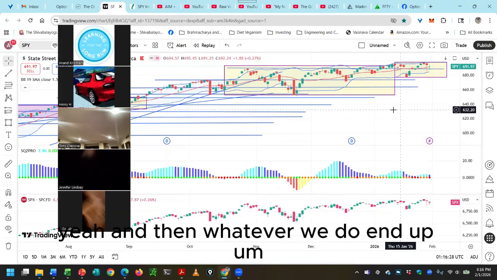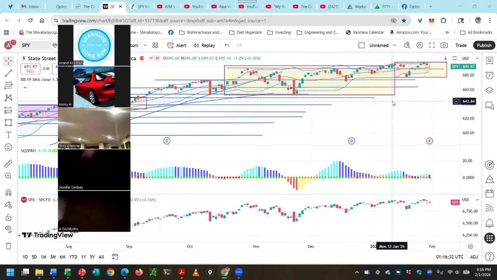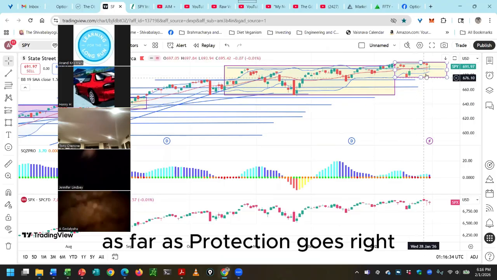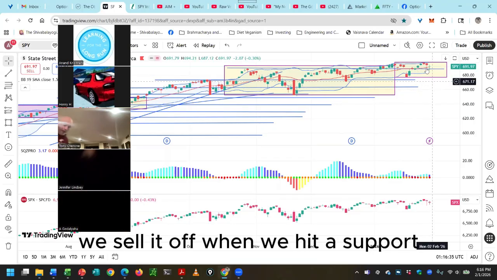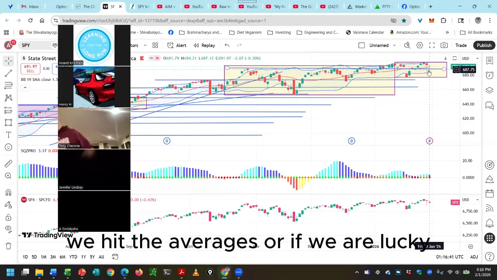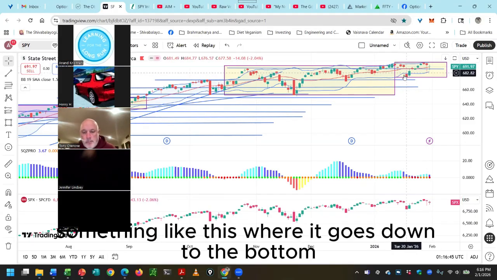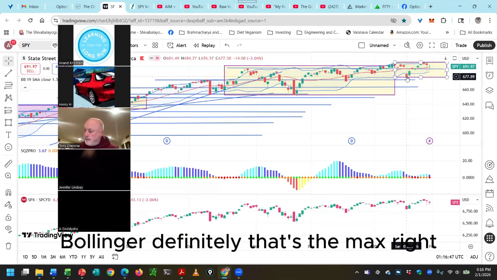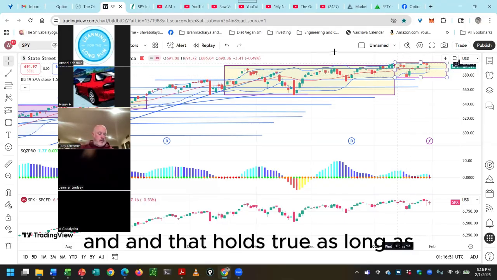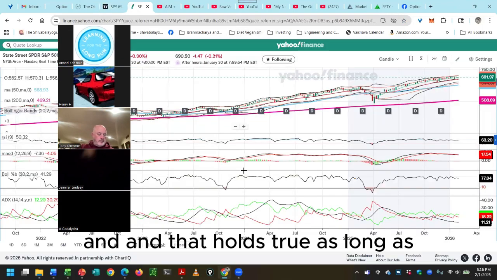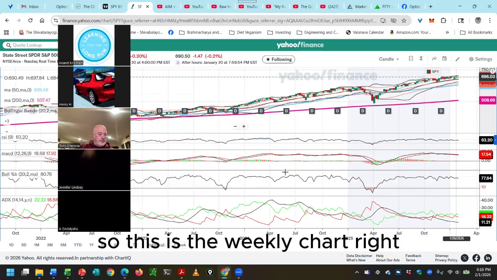And whatever we do end up buying as far as protection goes, we sell it off when we hit a support, we hit the averages, or if we are lucky, something like this where it goes down to the bottom Bollinger, that's definitely the max. And that holds true as long as... this is the weekly chart.